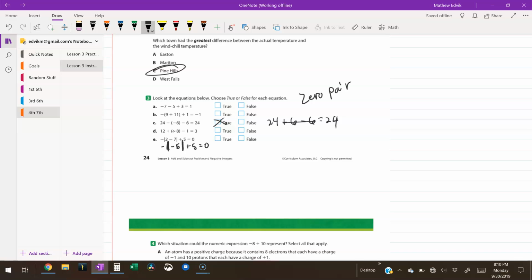So you have negative, the absolute value of 5, right there, is 5. So then you have -5 plus 5 equals 0. So is that true? Well, -5 and 5 are, once again, a zero pair. So that is also true. I'll let you do the rest of them.